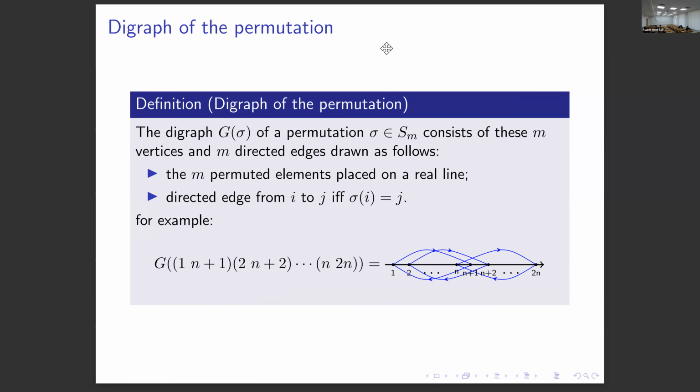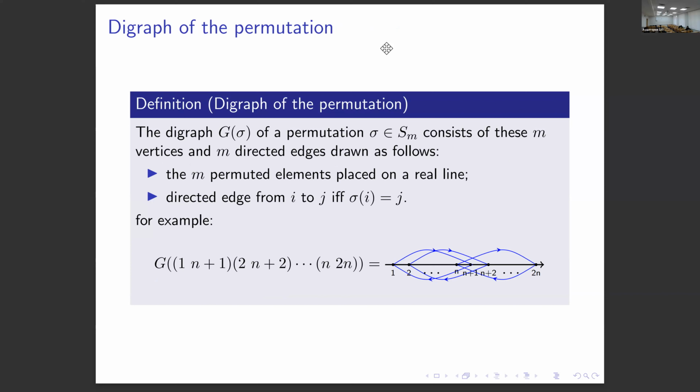Okay, next, the digraph of the permutation, the way we draw a permutation as a digraph. The drawing is simple. We get the diagram of the permutation sigma in S_m, which has m vertices and m directed edges.